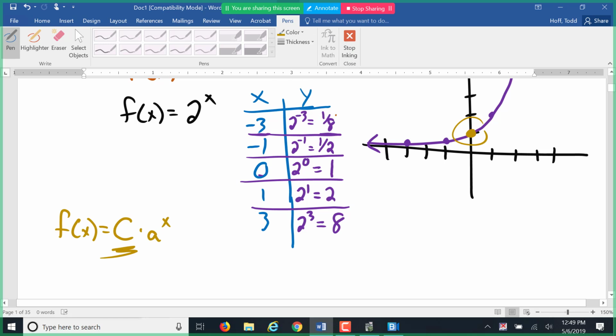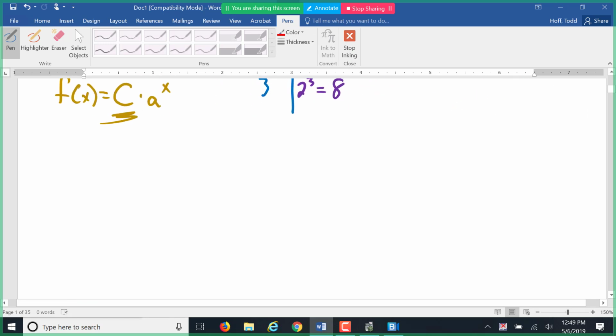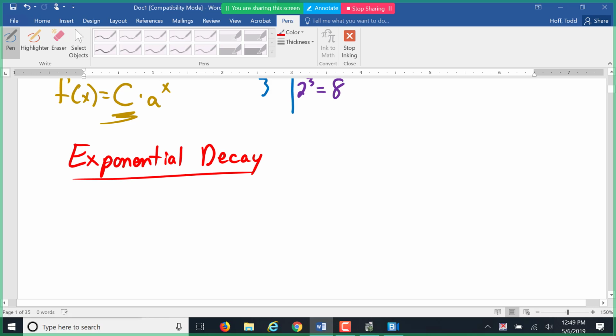Well, if we have exponential growth, that means there has to be something called exponential decay. Think of decay as shrinkage, reducing.